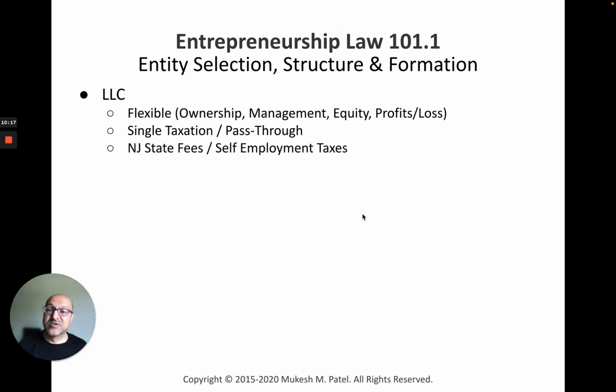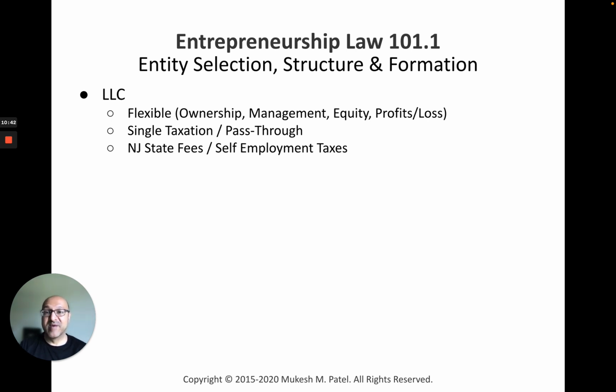Certain states like New Jersey might have certain fees, like annual reports and fees that they charge. Typically, in a state like New Jersey, if there are two or more than two members, then on an annual basis, there might be a fee per member of approximately $150 plus or minus.